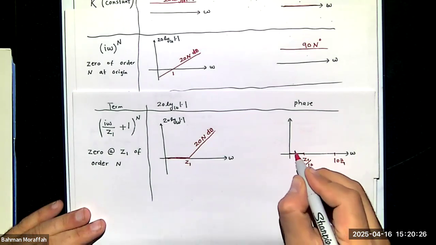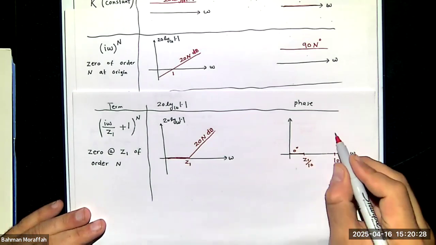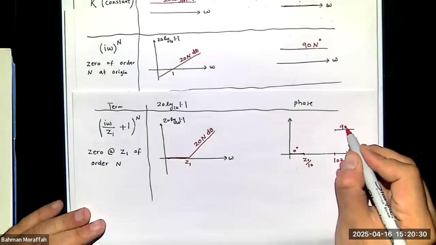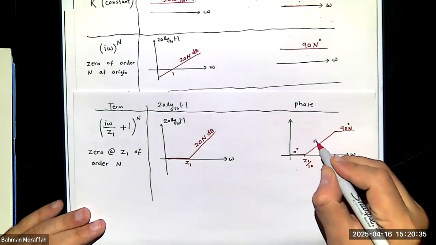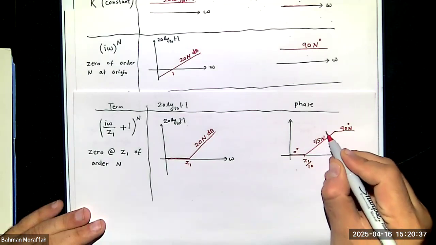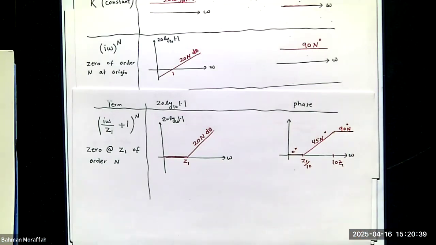So it is 0 degrees over here. Over here, it's going to be 90 degrees times n. And over here is 45 times n degrees going up. Yes? Is it 10 times z1 or should it just be z1? No, 10 times z1. z1 is somewhere in between. Yeah, it doesn't really matter. What matters is that I'm going to go up by 45 degrees. That's what's important, right?